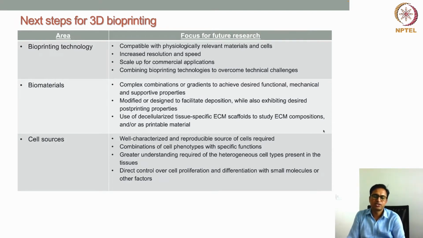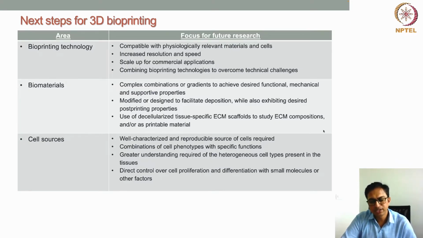We have been discussing the various aspects of this technology, starting from what is 3D bioprinting, what are the different types of 3D bioprinting techniques, what are the strengths and limitations of these different technologies, what are the critical parameters, and also how we can use that technology for different applications.